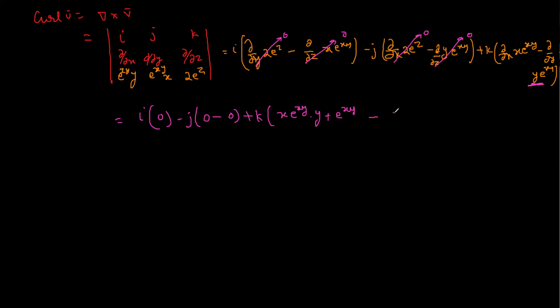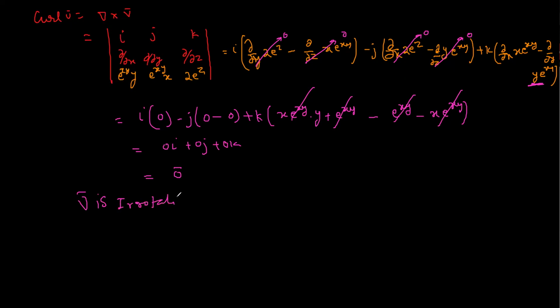So u v dash minus x with respect to x only. Now you can see this term and this term cancel out. What you are getting? Zero vector. Zero vector means irrotational. Understood? Yes.